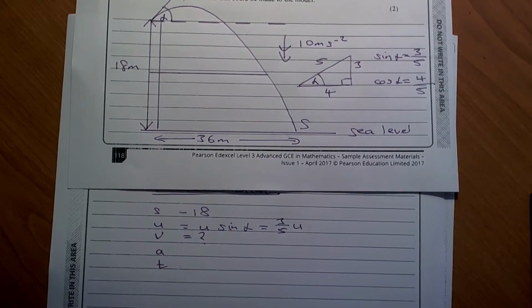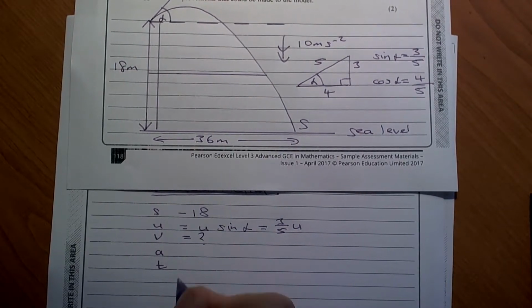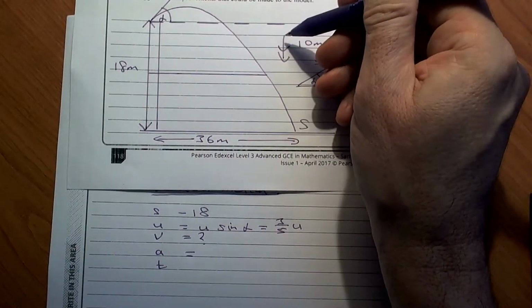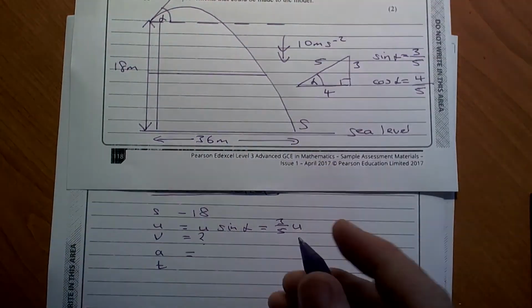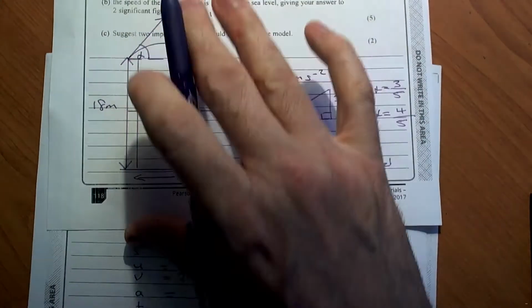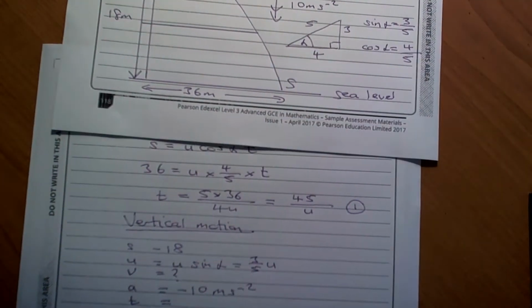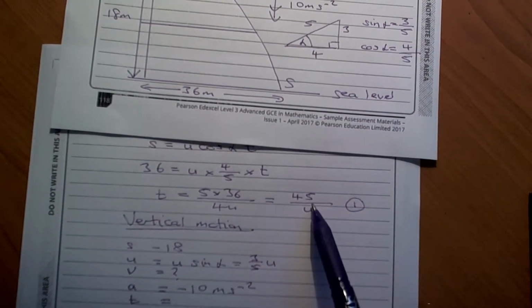What's our v going to be? We don't know that at all. What's our a going to be? Well, this is opposite our motion because we've set this as the positive direction going upwards. So it's going to be minus 10 meters per second squared. And our t, we get this from over here, from our horizontal component.